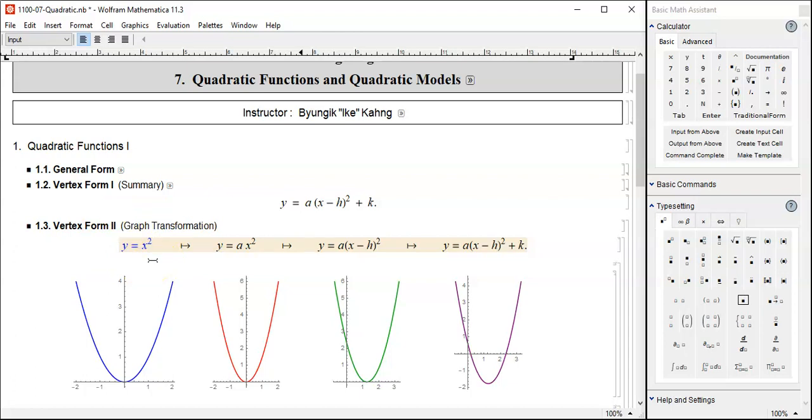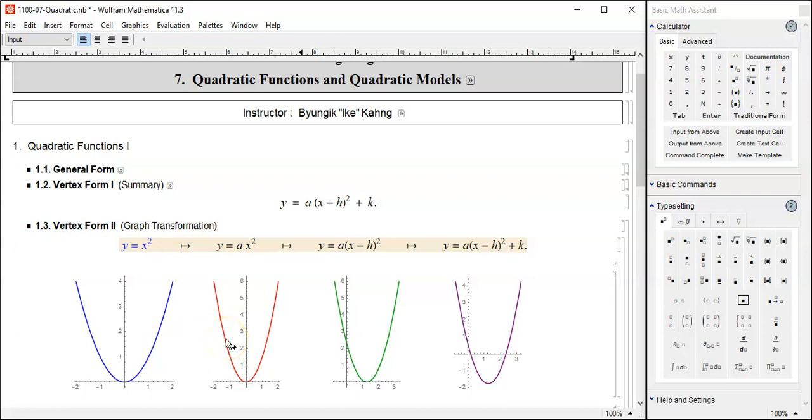It looks like this. And then let's stretch it vertically by a factor of a. In this particular case, I stretched it by a factor of 1.5. Basically, take all the points here in the blue graph and multiply each y coordinate by 1.5, or in general, by a, to get the red graph.